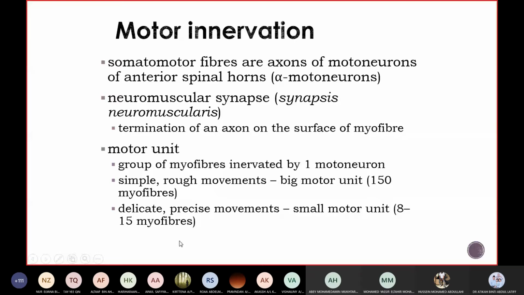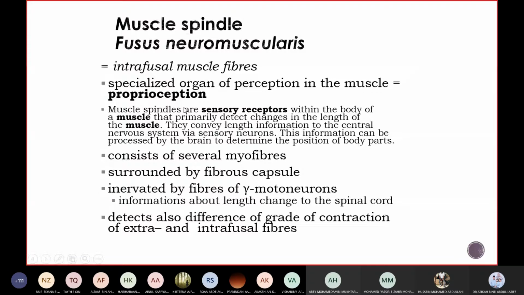We'll just talk a bit about muscle spindles first. Muscle also has sensory detectors, which are muscle spindles. It helps in proprioception. Proprioception is when you are aware of the position of your body parts. For example, if I asked you to close your eyes and I move your finger downwards, you will still be able to tell me that I've moved your finger down without seeing me do it, because you have the perception of where your body parts are.